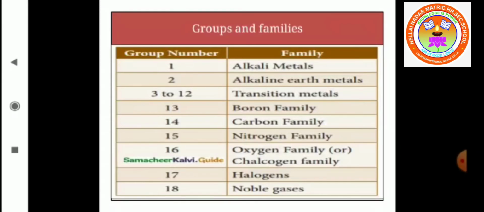Coming to next, this tabular column. This tabular column is given in our book and you have to memorize this. It's very easy to memorize, children. Group number 1, 2. The first group is called alkali metals. The second group is alkaline earth metals.